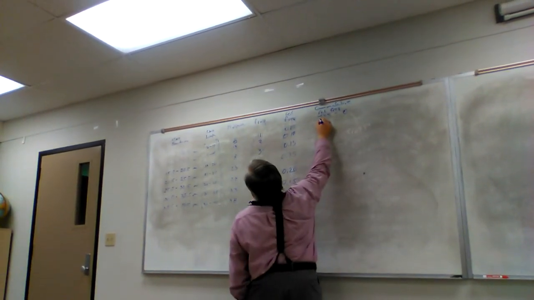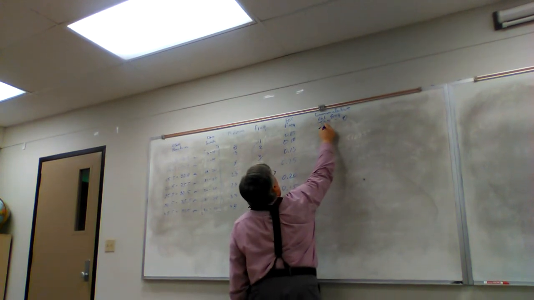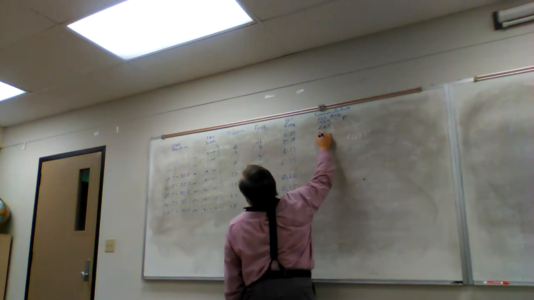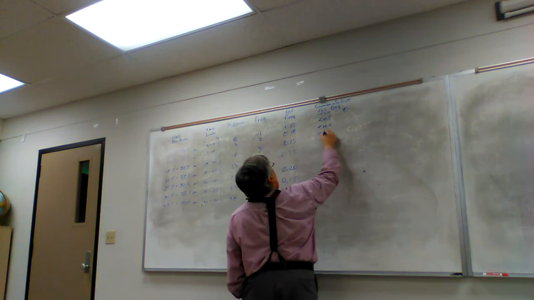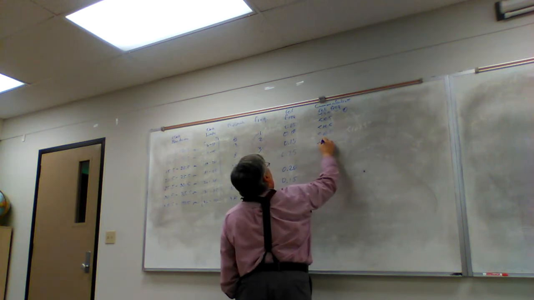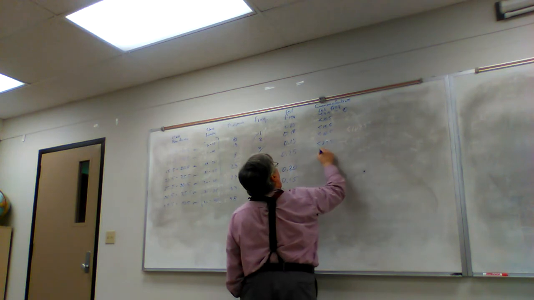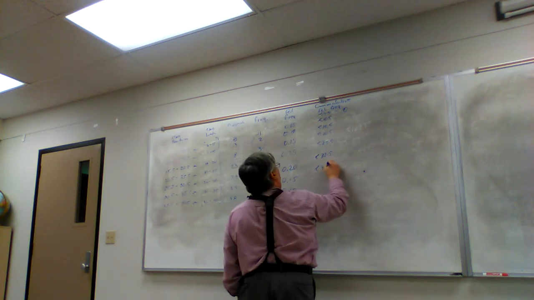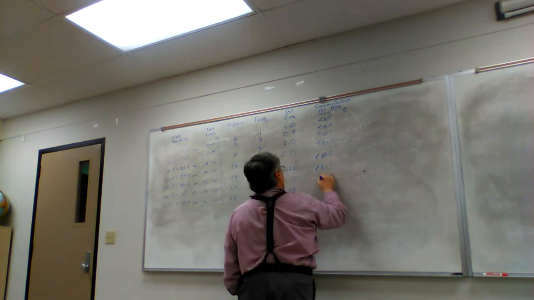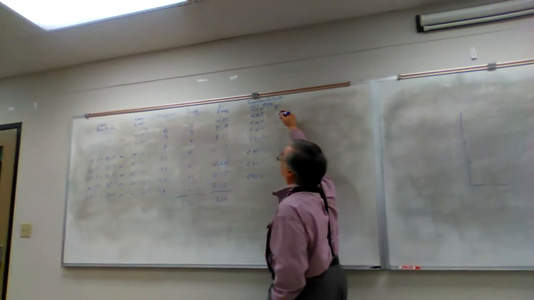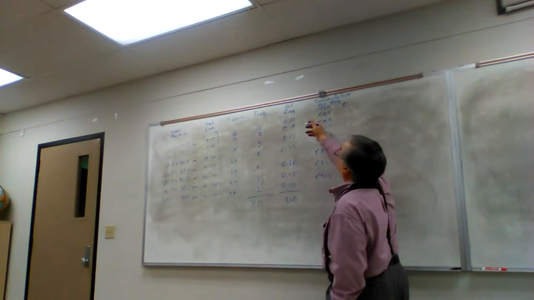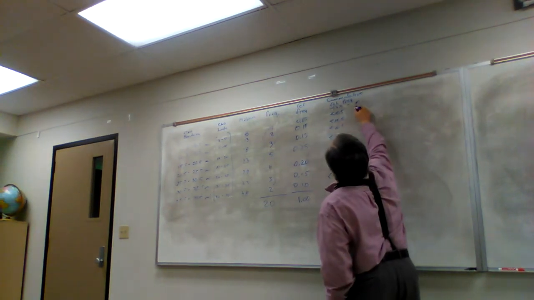Next one will be less than 10.5, less than 15.5, less than 20.5, less than 25.5, less than 30.5, less than 35.5, and less than 40.5. Okay, less than 10.5, 0.05.